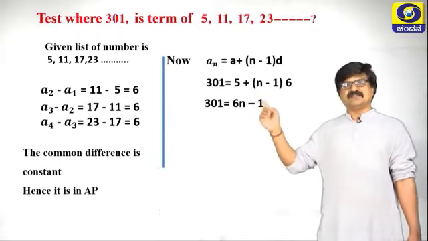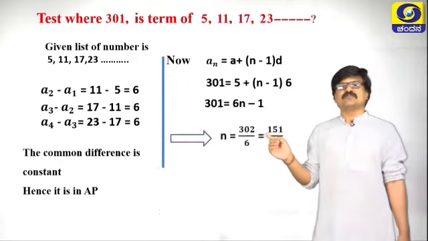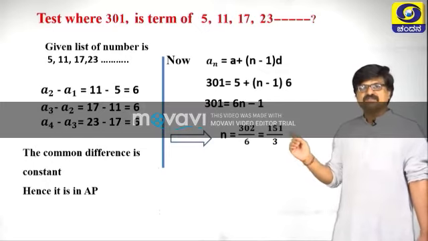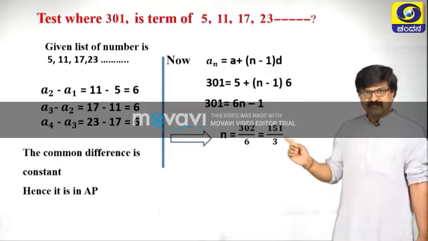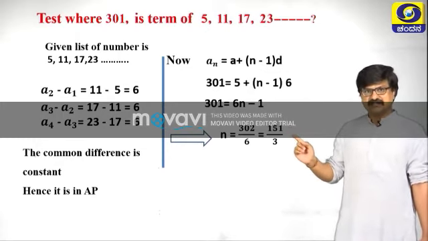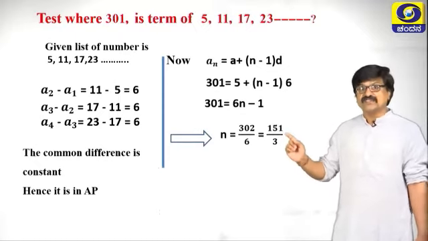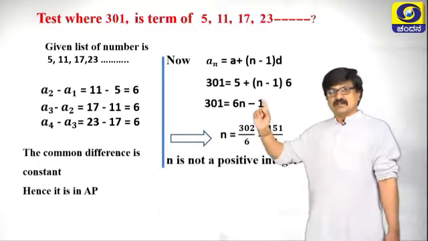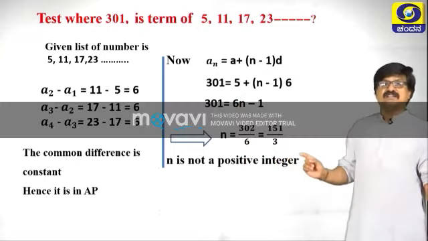Therefore, 6 into n is 6n, minus 6 plus 5 is minus 1. So, what does this imply? n value is 151 by 3. Can you simplify this further? No. This is a rational number, that is, fraction form. It is not a positive integer. You remember, my dear students, n is always a positive integer.